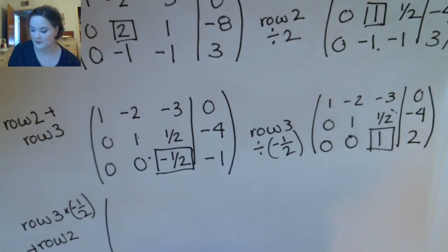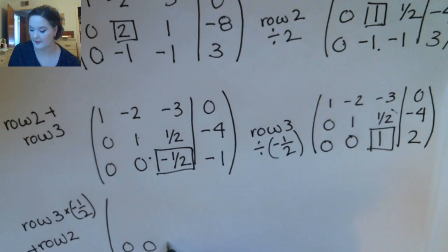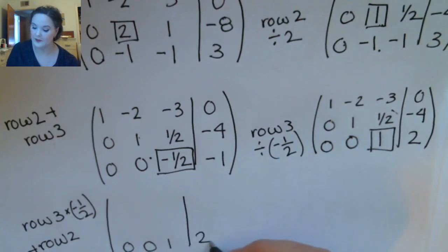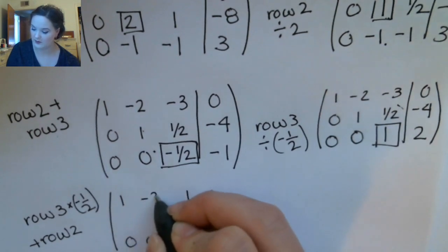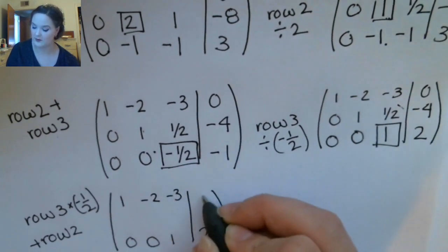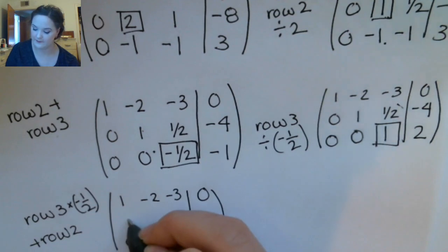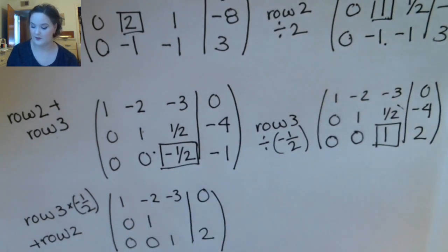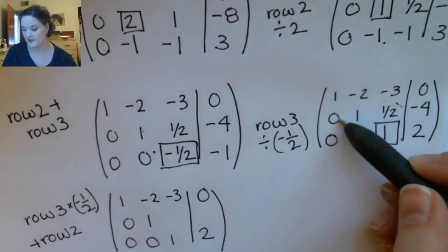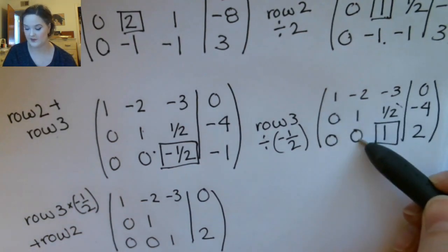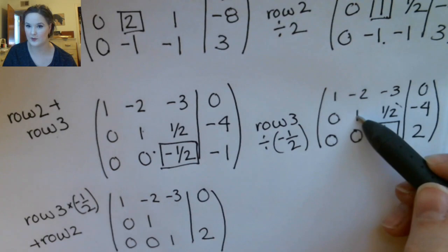So I'm not going to change my last row at all. And I'm not going to change my first row at all. So 0 times -1/2 is 0, plus 0 is 0. 0 times -1/2 is 0, plus 1 is 1.